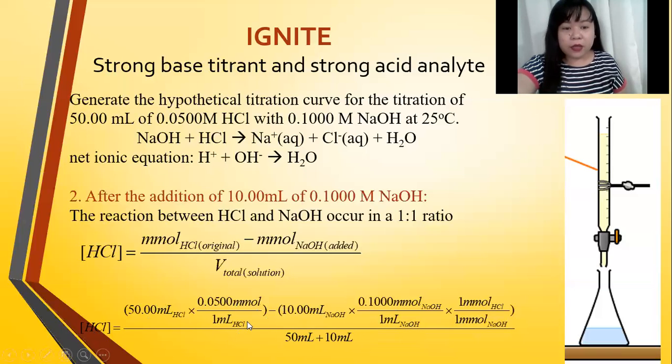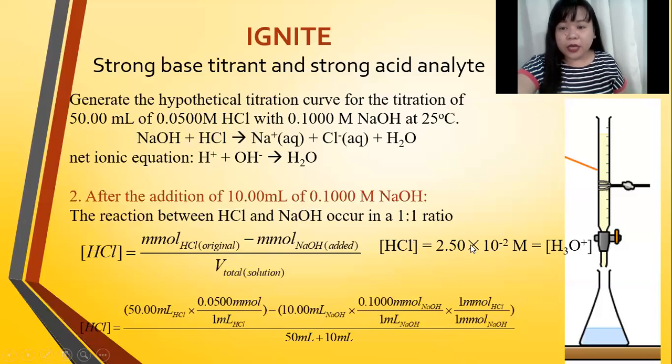This gives us the new molar concentration of HCl in the system. So doing the calculations, we get the HCl concentration to be 2.5 times 10 raised to the negative 2 molar. That is equivalent to the hydronium ion concentration because HCl is a strong acid. Therefore, it dissociates completely into H3O+ and chloride ions.